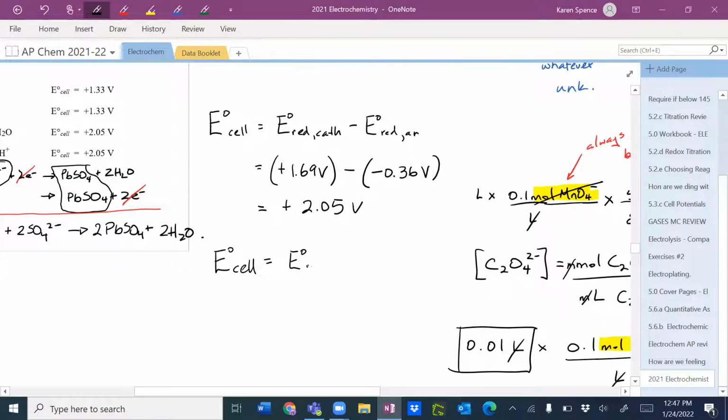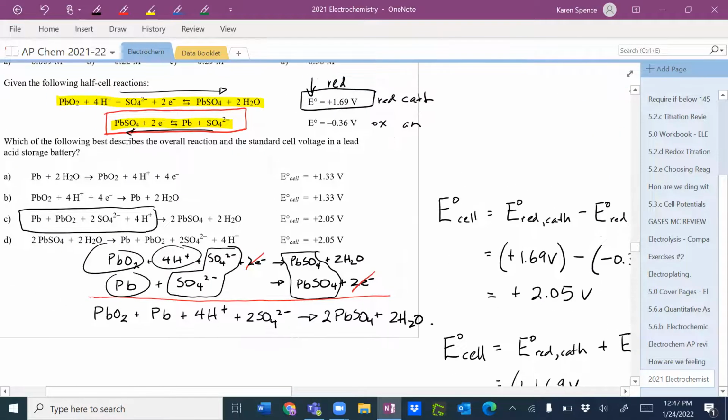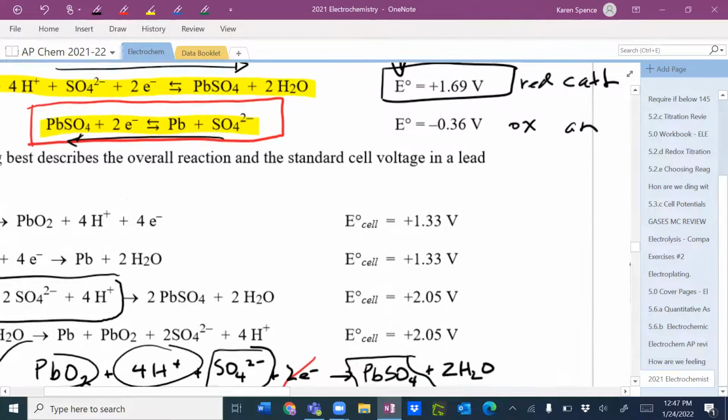naught reduction at the cathode plus E naught of oxidation at the anode. And if we do that, our cathode reduction is still plus 1.69 volts. But our anode, remember, this is our reduction potential for the forward reaction.